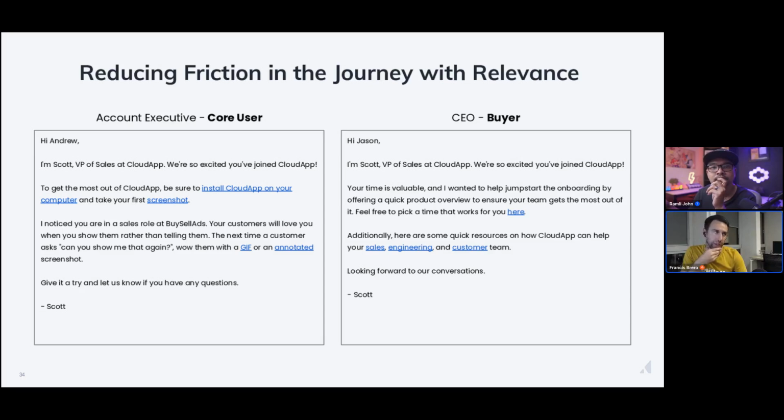And so ultimately to me, sales and product play their role together, and the importance of each in the journey should be pretty different, right? Sales is definitely incredibly important in the buyer lane, and a lot less, I would say, in the core user lane. In the core user lane, I think sales should be acting as a support person or a product expert.